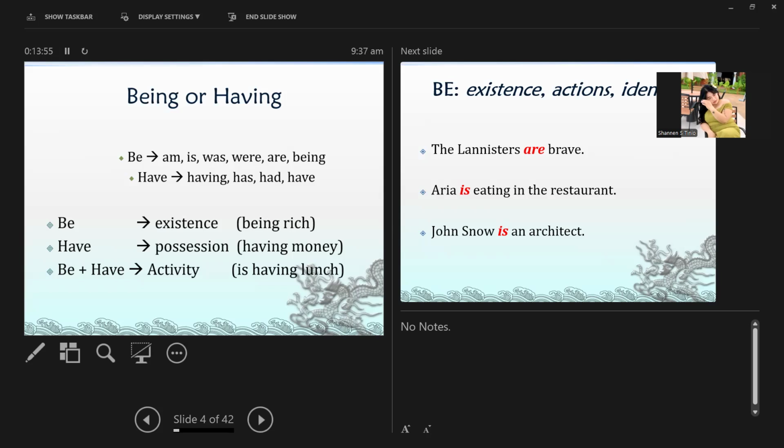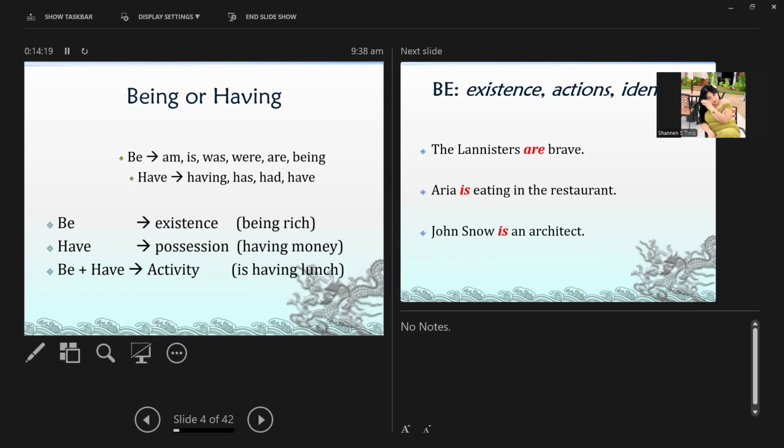Okay, so if you combine the two, be verbs and have verbs together, it talks about an activity. Okay? For example, Mark is having lunch. Meron tayong be verb na is, which is parallel to Mark because Mark is a singular subject. Ibig sabihin, single lang si Mark. Single ka ba, Mark?